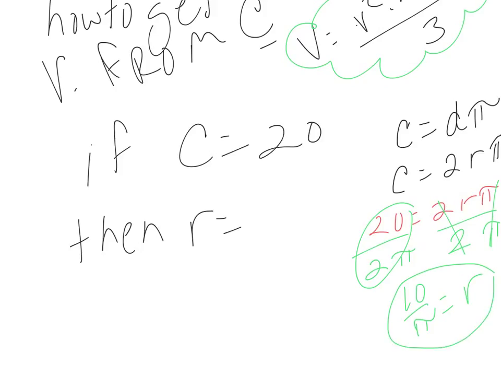So basically, you cut this in half, and then you divide that by pi. That gives you your radius. Because you're going to need this for your cylinder, and maybe we'll have to give you questions where we don't really give you R, but we give you something that you can get R from. Okay.